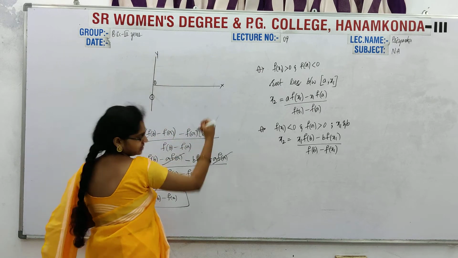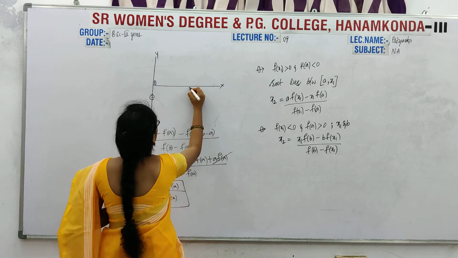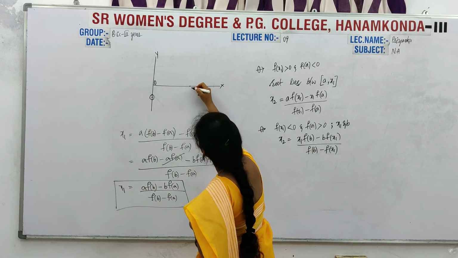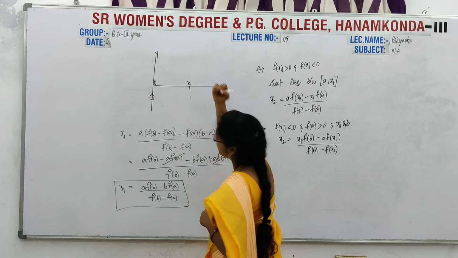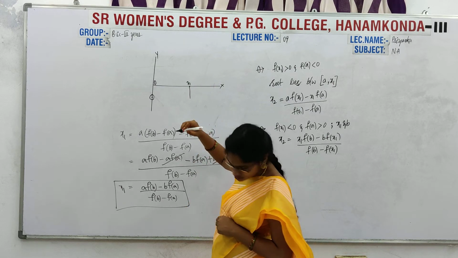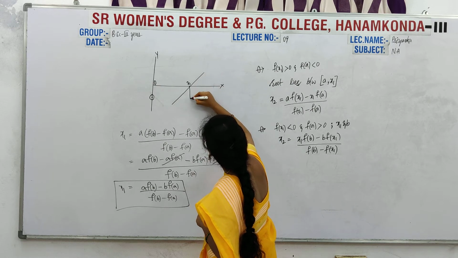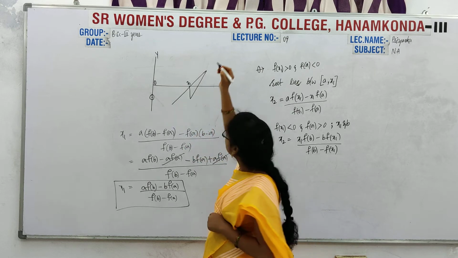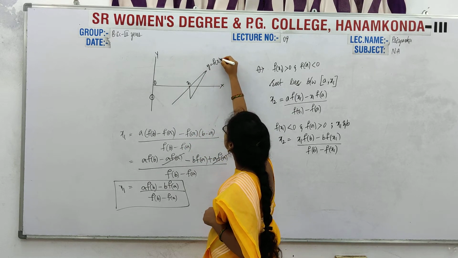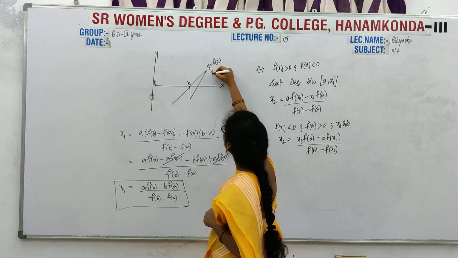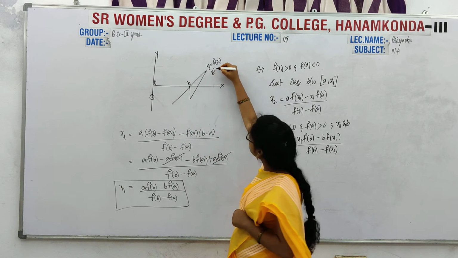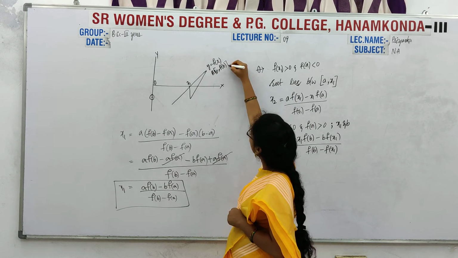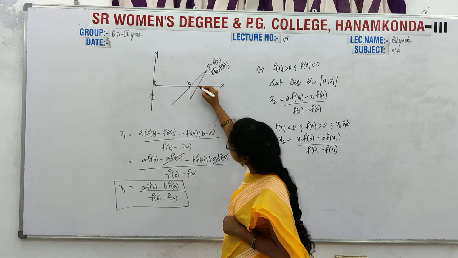It is the origin, y-axis and x-axis. Okay, so somewhere here I am taking one point, which is nothing but some x1. And next is y equal to f of x. This is nothing but the point b comma f of b. Okay, and here somewhere again we will get that x2.